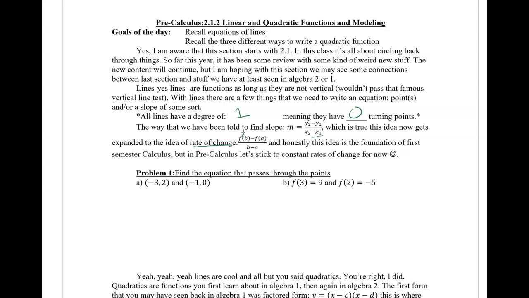Again, it's just change in y over change in x. It's just written a little funky. And honestly, this idea is the foundation for the first semester of calculus. But in pre-calculus, let's stick to the constant rate of change for now, because again, rate of change going forward into calculus will be important.